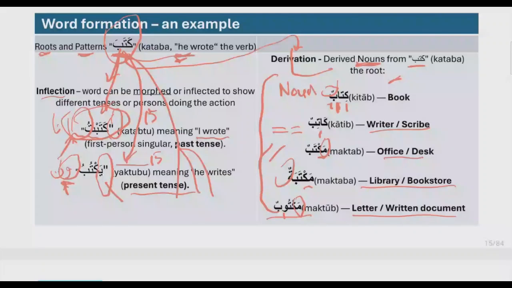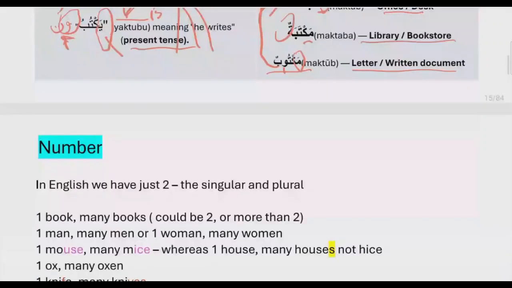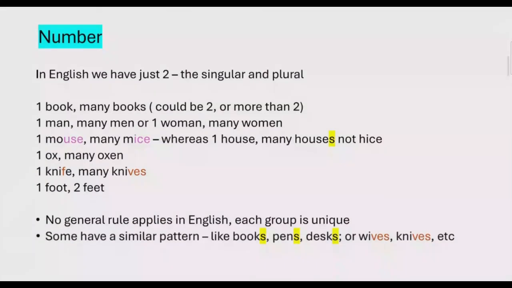That's something for people that really want to study and need to invest in a dictionary. And this is what you get out of a dictionary: all the inflections and all the derivations of the root form that you see. Okay, then another concept that we have is number.